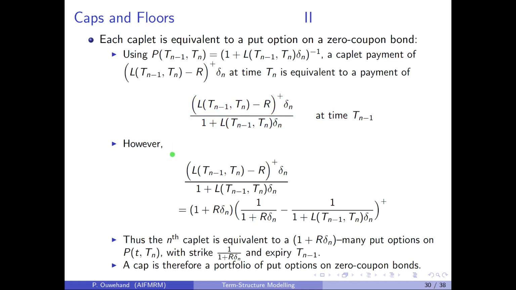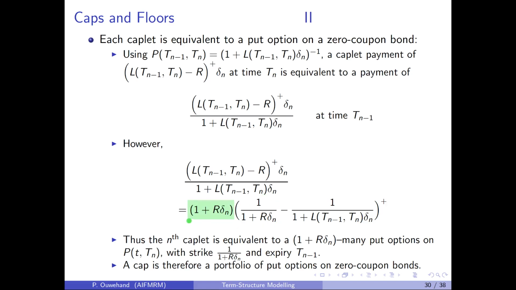Now, as an exercise, you will show that this expression here can be rewritten as follows. What we see in the term on the right here is just the value of the Tn bond at time Tn minus 1. We can regard this as a strike, and therefore the expression in brackets here with the plus sign is equivalent to a put option on the Tn bond with maturity Tn minus 1 and strike equal to this ratio here.